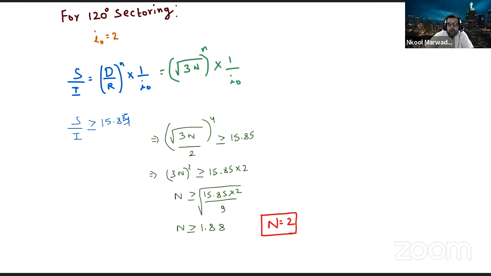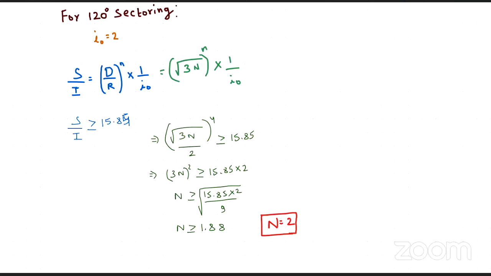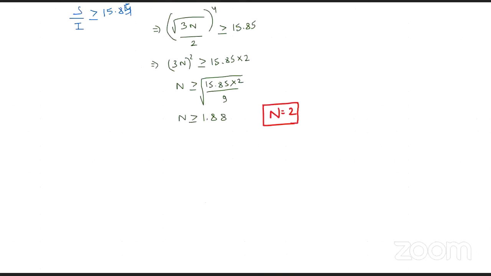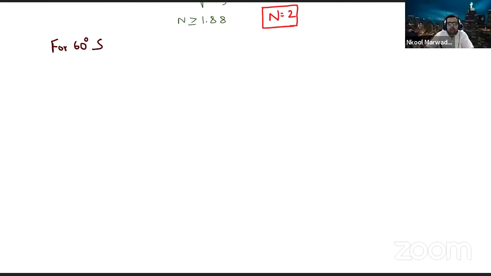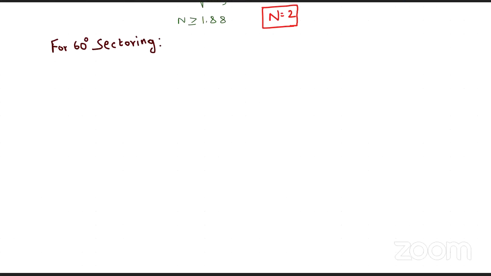Now we will do 60 degrees. You have to remember that for 60-degree sectoring, I naught will be 1.